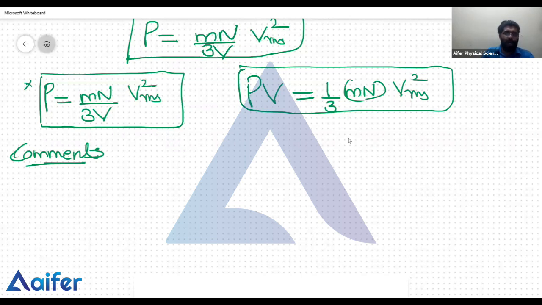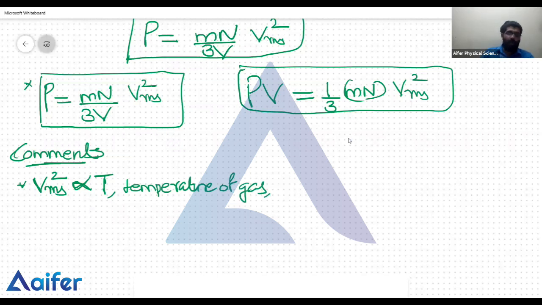First one is that our root mean square velocity, Vrms square, is actually proportional to temperature. How do you get this? This actually comes from the Maxwell velocity distribution. For now, just keep in mind Vrms square is proportional to temperature, where T is the temperature of the gas. So P will be proportional to Vrms square for a given mass and volume.